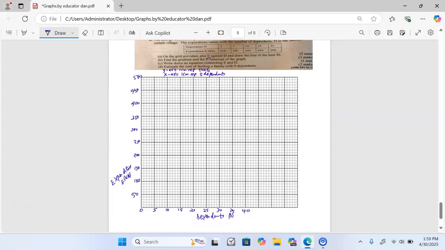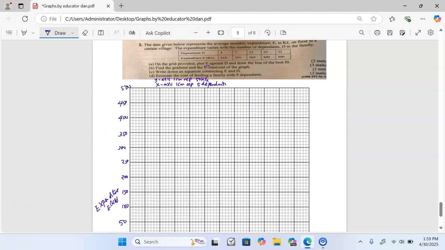Remember, along the x-axis one small box is 1 unit, and on the y-axis one box has 5 smaller boxes, so one smaller box is 50 divided by 5, giving us 5.